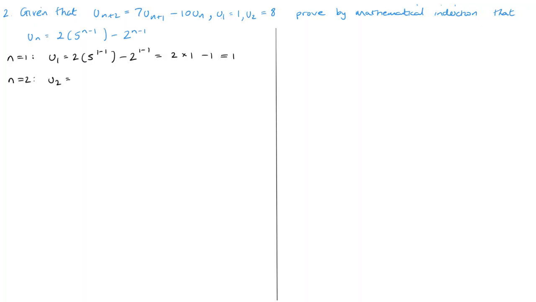So u2 is 2 times 5 to the power 2 minus 1, minus 2 to the power 2 minus 1. So that's 2 times 5 minus 2. So that's going to be 8. So both of these are as given.